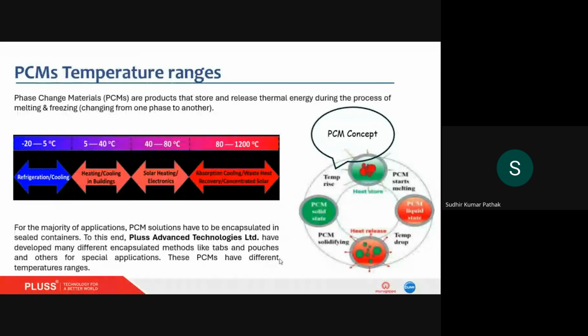At Plus, we are encapsulating the phase change materials in different modes: in rectangular tabs, in micron-thin layer film pouches, in spherical stainless steel balls, or any other type of encapsulation we have.